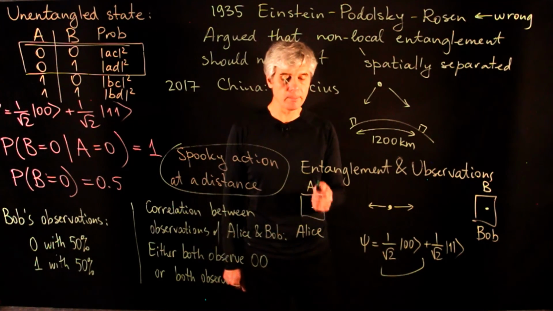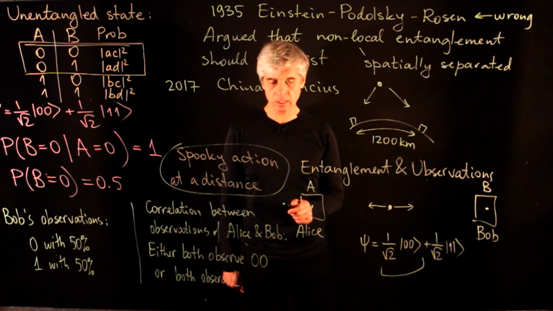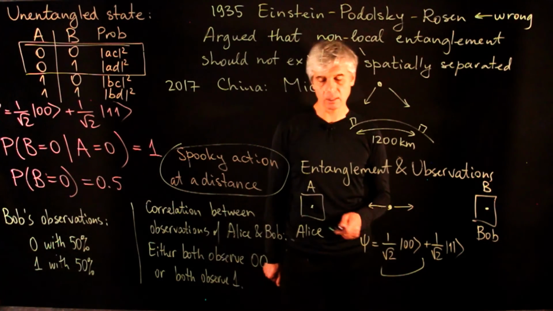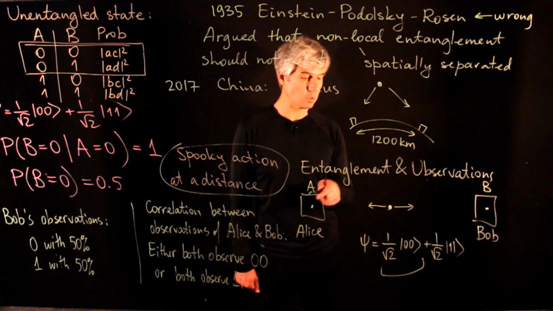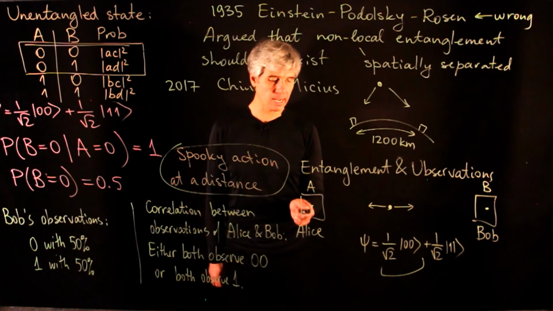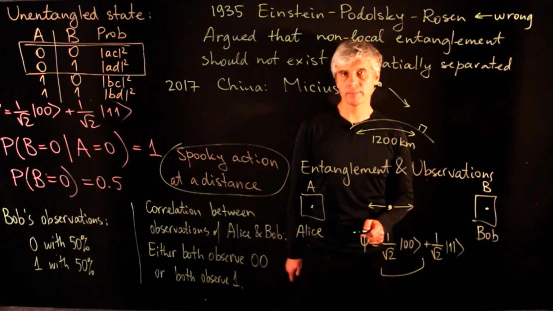Alice cannot make this state be measured to be 0. So this is still probabilistic. There is no way to instantaneously send information from Alice's location to Bob's location using this experiment.